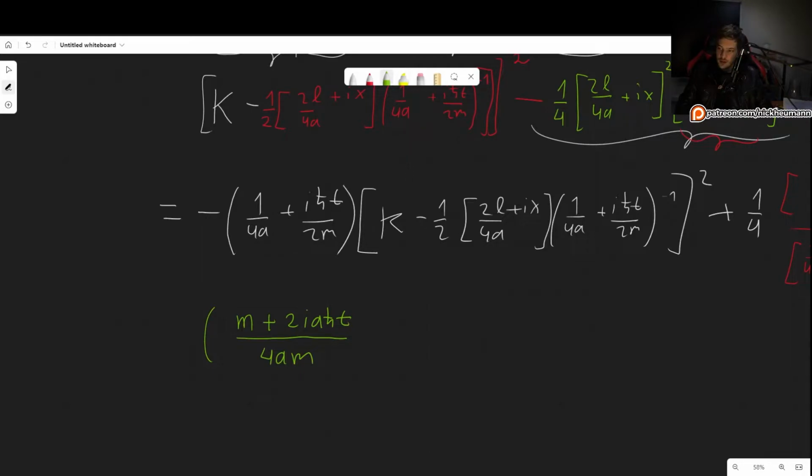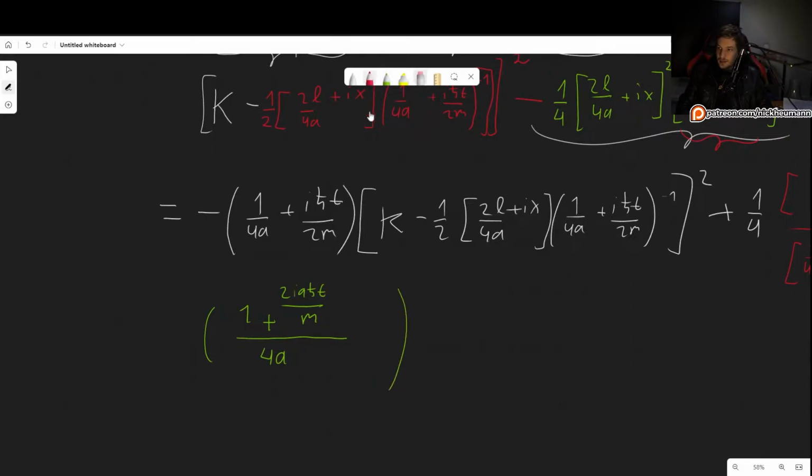But here, of course, we can now divide by m. And when we do that, we get, I'm going to write this a little bit further up. So 2i a h bar t divided by m. And this m and this m simplify. So 1, and we don't have to write anything there.